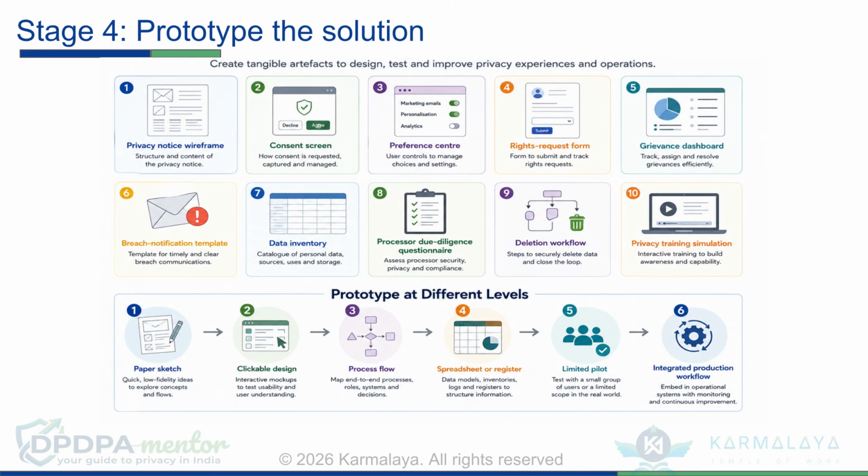For a rights workflow, the team can prototype the user submission form, identity verification, internal ticket creation, system owner assignment, processor notification, approval or exception handling, and completion communication. The prototype should be tested against realistic scenarios, including incomplete information, multiple identities, duplicate requests, processor delays, and a user who cannot access the primary digital channel.